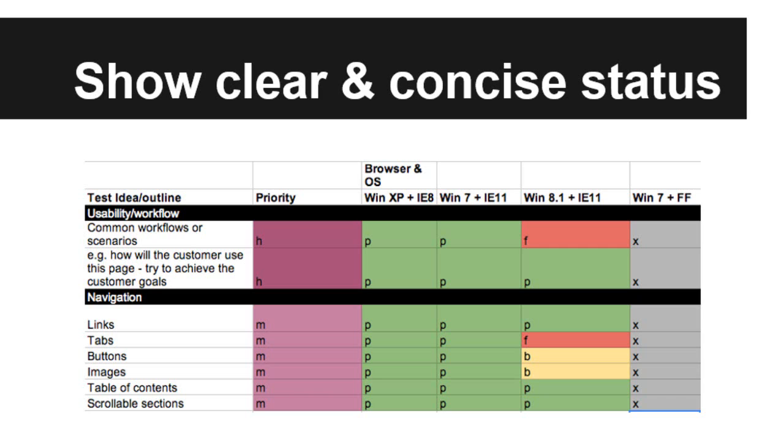So you can see that I've just given some stupid examples here in terms of color coding, but you can see that, okay, we've got no problems with Windows XP and IE8. It's a complete lie, obviously, but we've got some failures under Win8.1 and IE11, which actually was a reality for one of the teams here, and we had some blocks, and we deliberately said we're not going to test Firefox on Windows 7 even.